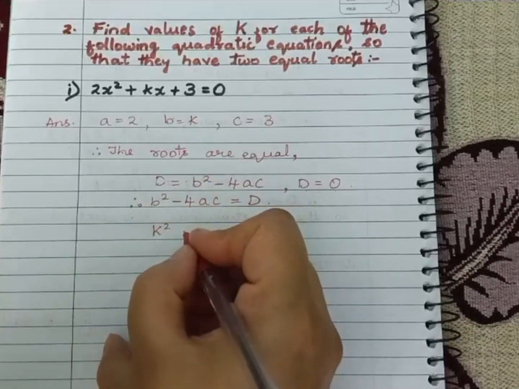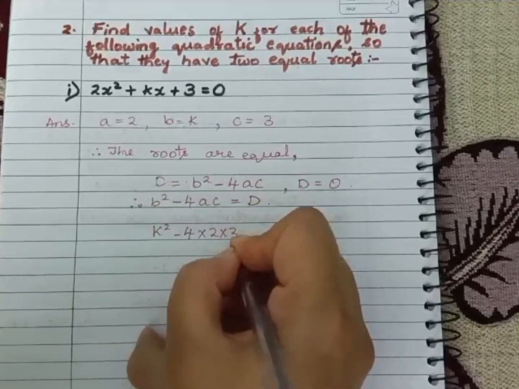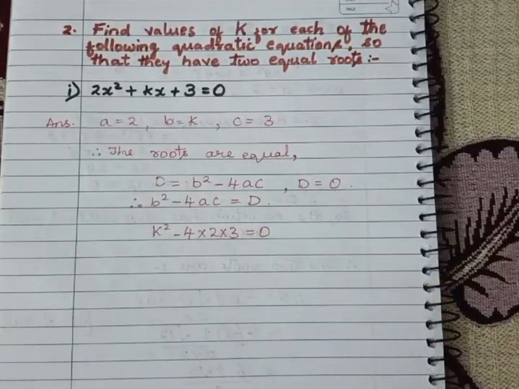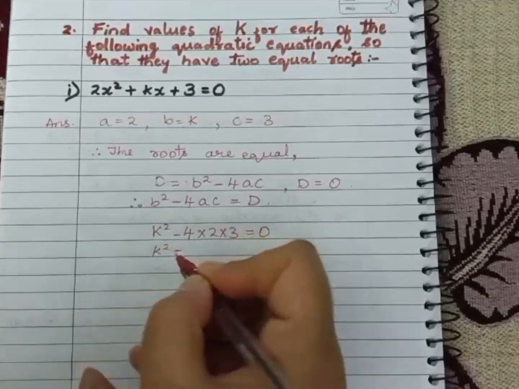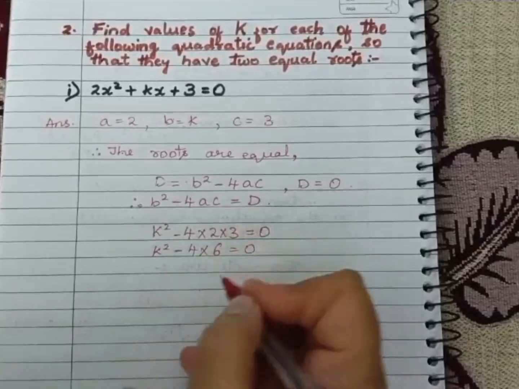K square minus 4AC, that is A value is 2 and C value is 3, equal to 0. K square minus 4 into 2 3s is 6 is equal to 0.